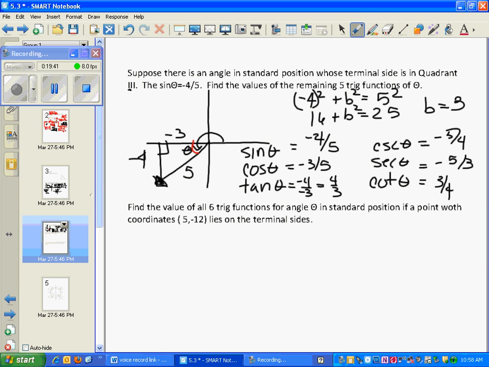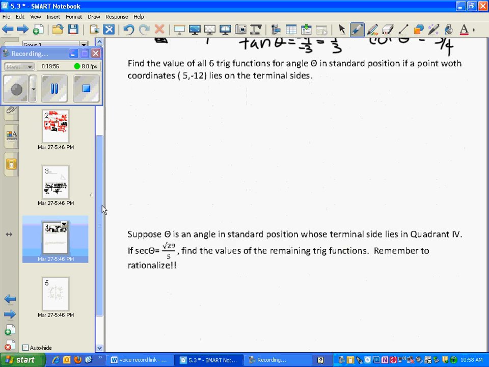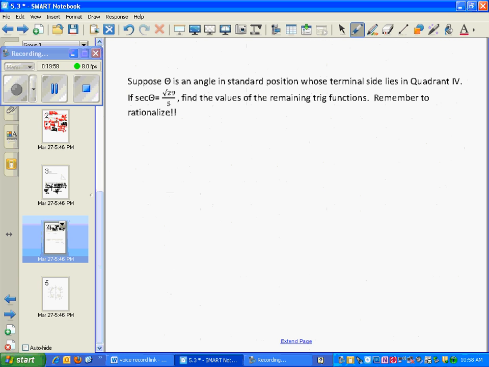Okay? You know what? The next one's harder only because we're dealing with a square root. So we'll skip this one because this one's pretty easy. We'll go on to the next one, and I tell you, remember to rationalize.